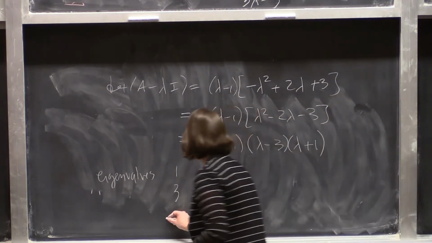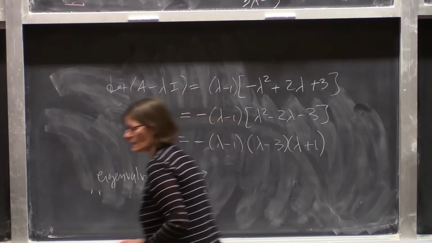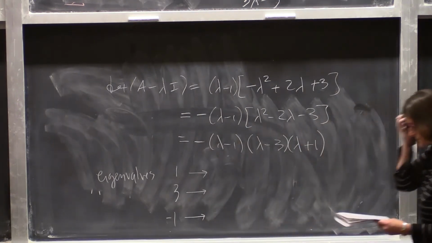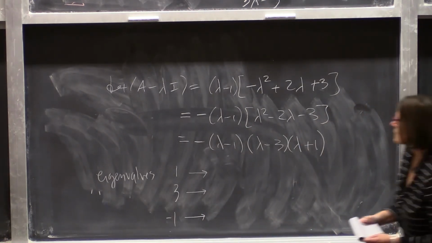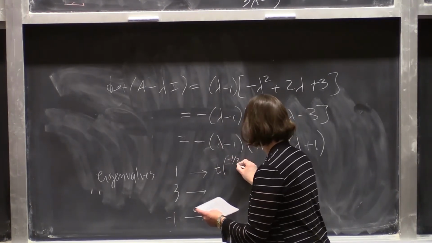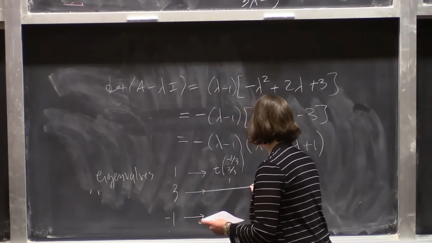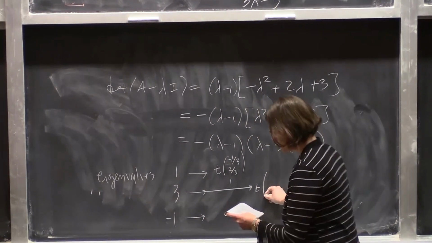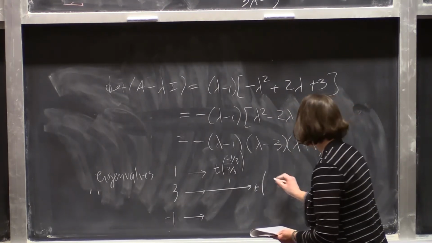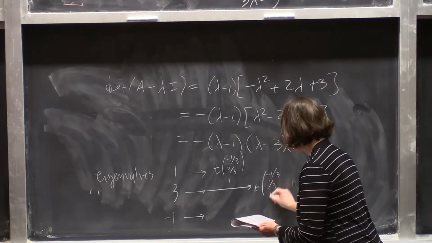Negative 1. I now have to solve 3 different Ax equals b problems to find corresponding eigenvectors. For this one, I get anything of the form t times minus 1/3, 2/3, 1. For this one, I get anything of the form t times minus 1/3, 1/3, 1.